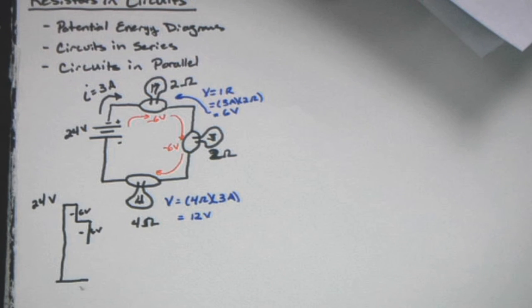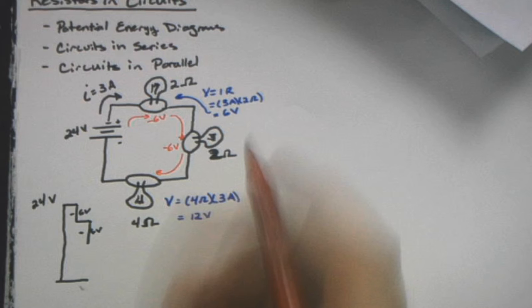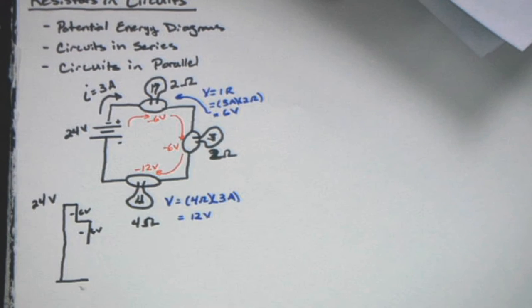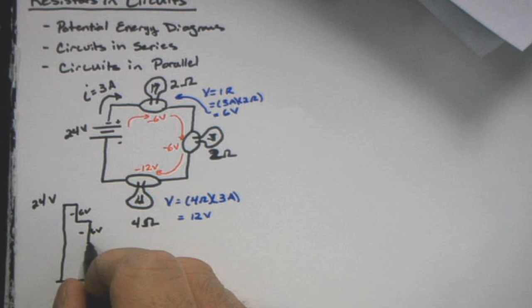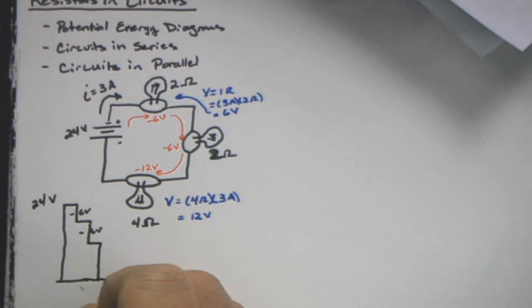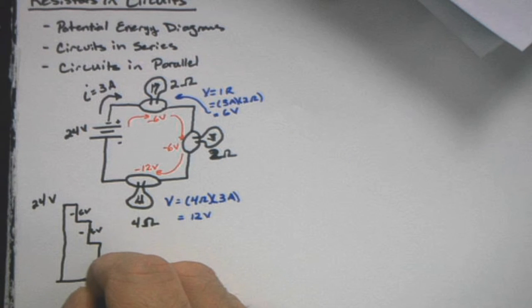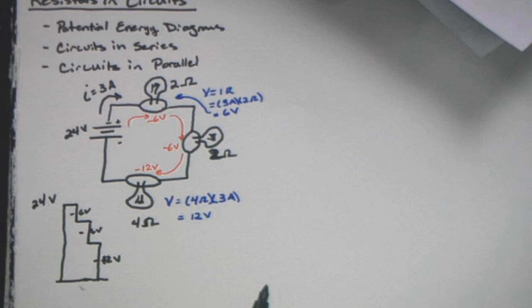So here we will subtract 12 volts. Okay, well, that happens to be the rest of our potential. This is a negative 12 volts the rest of the way down the diagram.